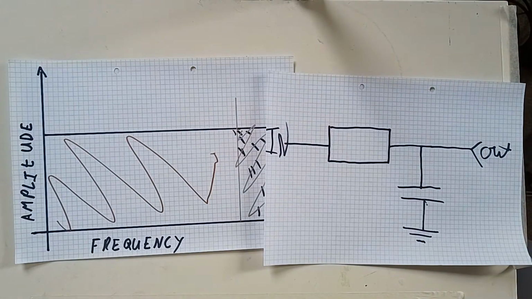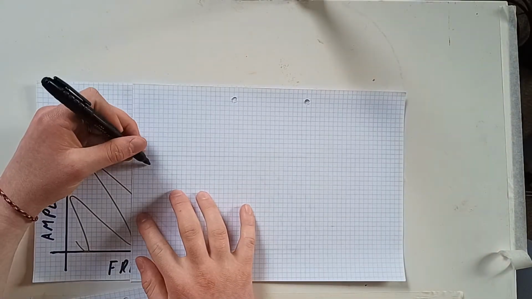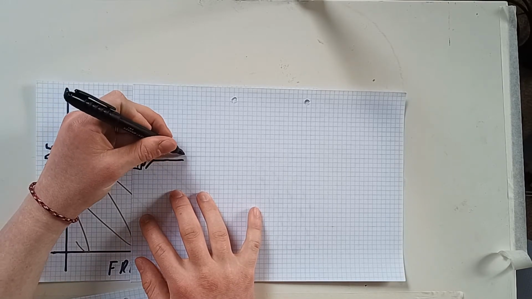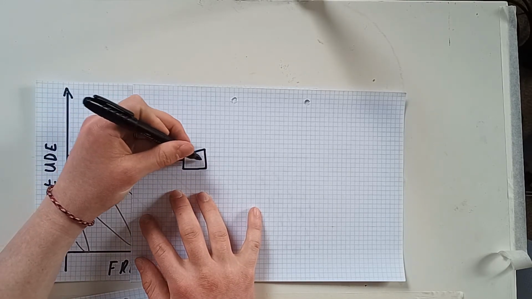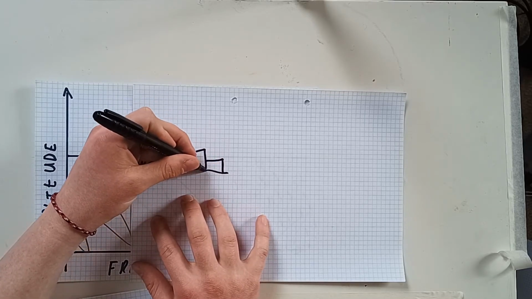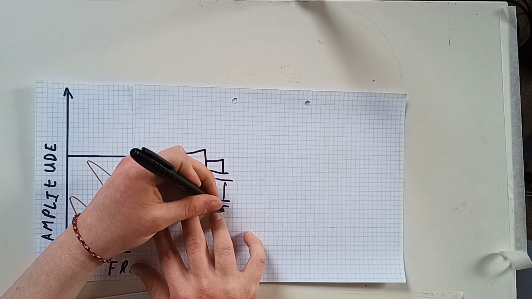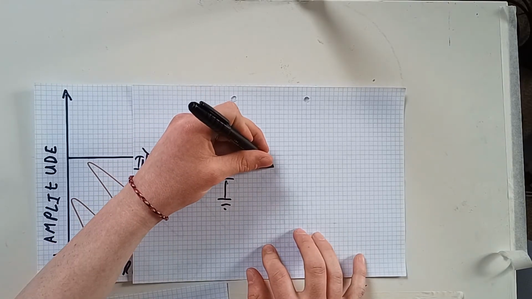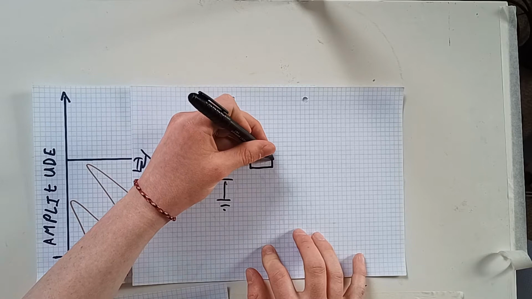However, what you do is you take your basic first order filter like so, and you take the output from that and run it straight into another identical filter.